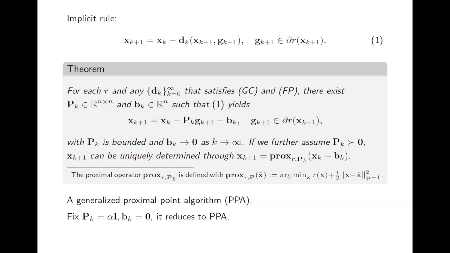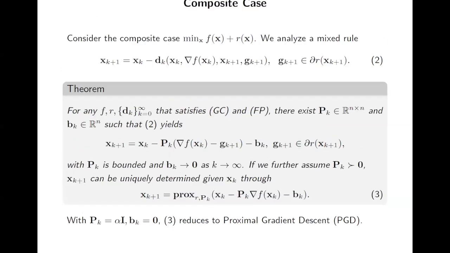This is a generalized form of a classical optimization algorithm called the proximal point algorithm. If we reduce pk to a scaled version of the identity and bk to 0, it reduces to the standard proximal point algorithm. So this is the non-smooth case.